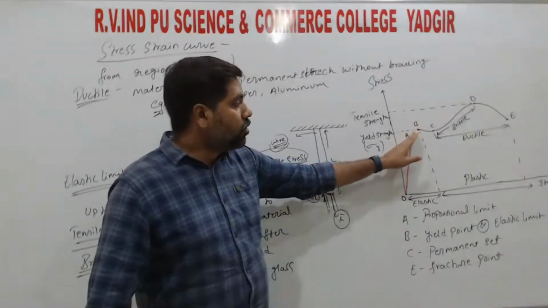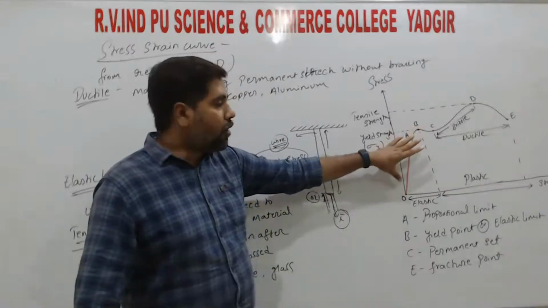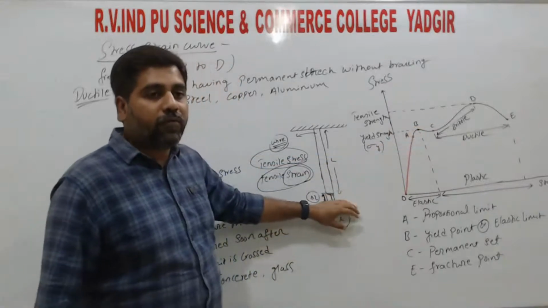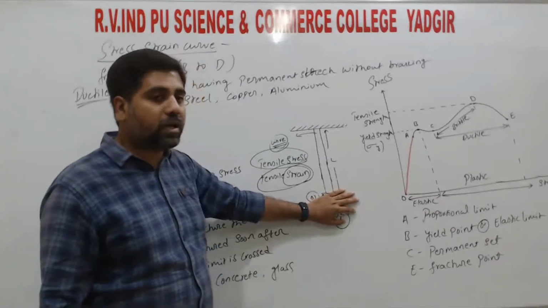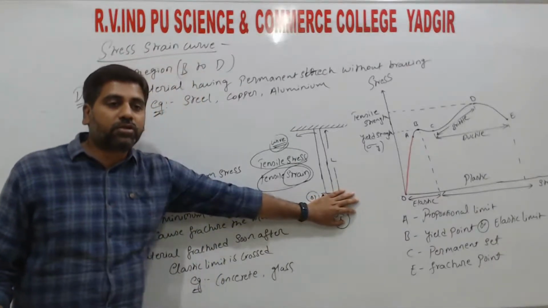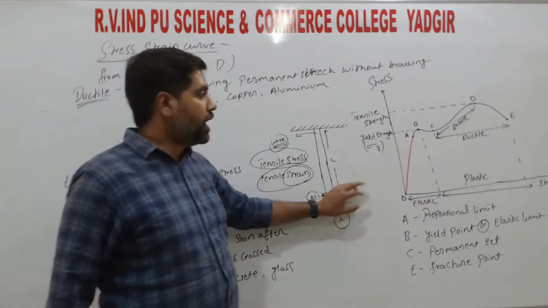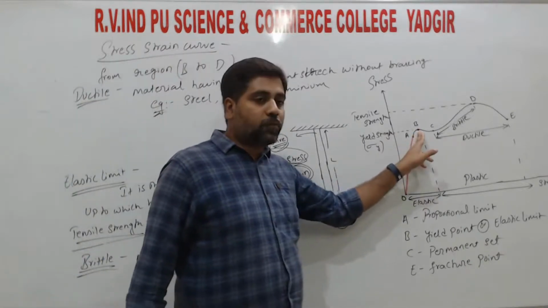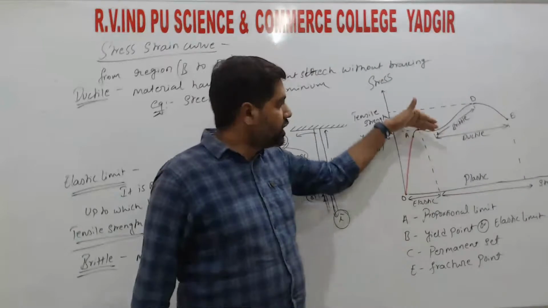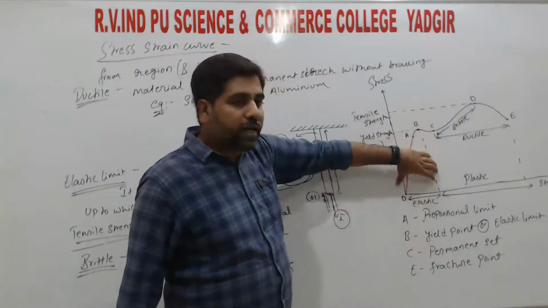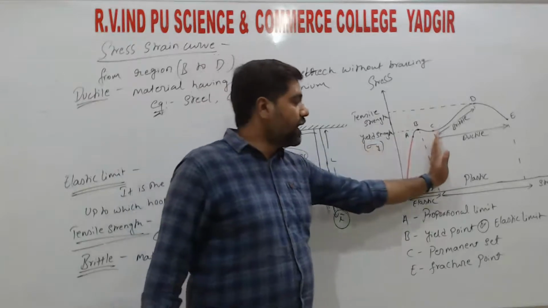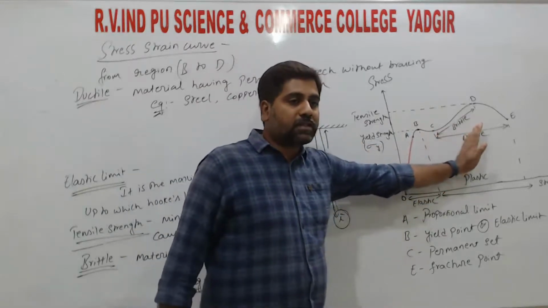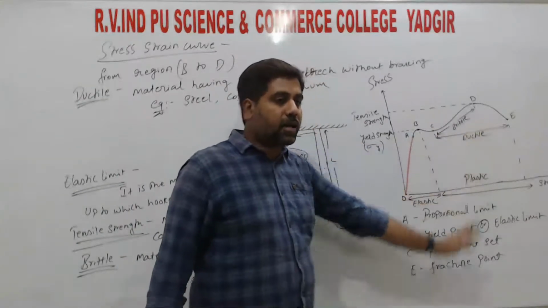So even though it is nearer, after removing the deforming force it will come back to its original state, but exactly strain is not equal to 0, right? So this point we call as elastic limit. So within this elastic limit the material behaves as elastic in nature. After this elastic limit the material behaves as plastic in nature, right?